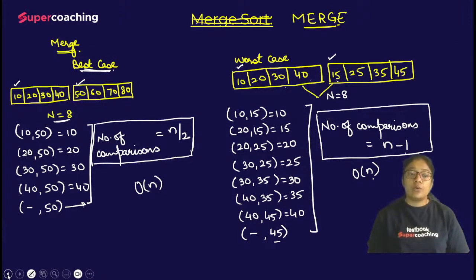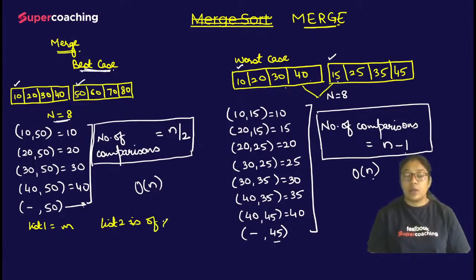If we are given two lists, list 1 of size m and list 2 of size n, then in the worst case, what will be the number of comparisons required to merge list 1 and list 2?